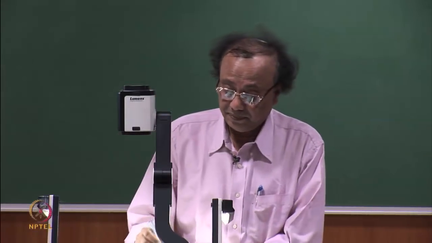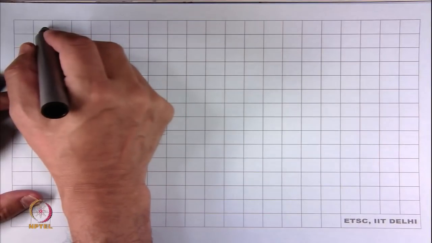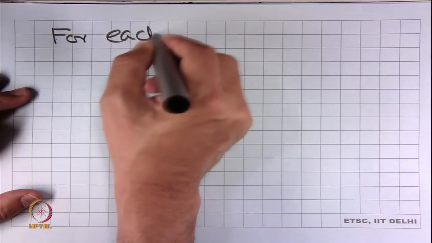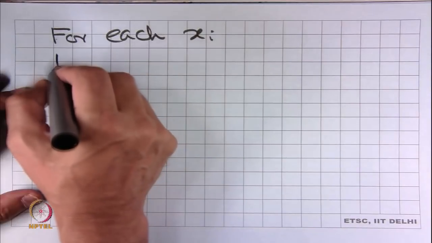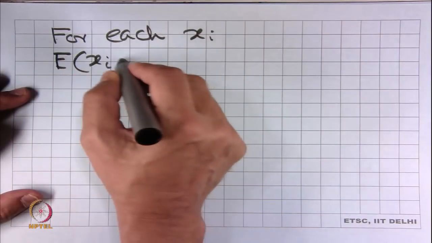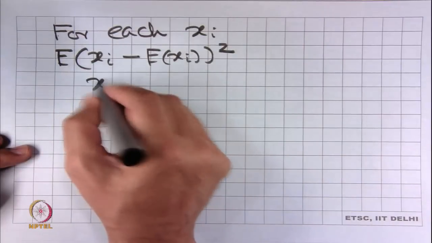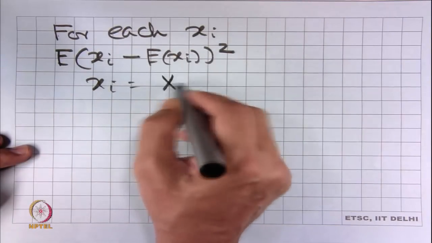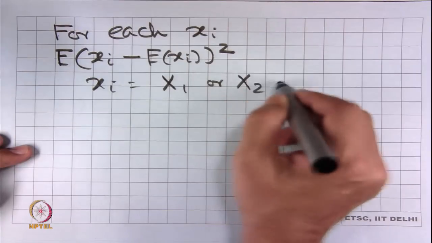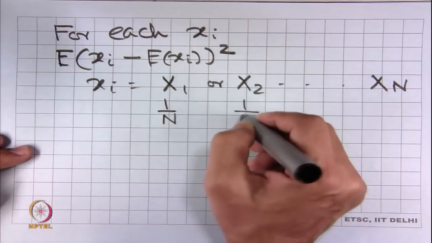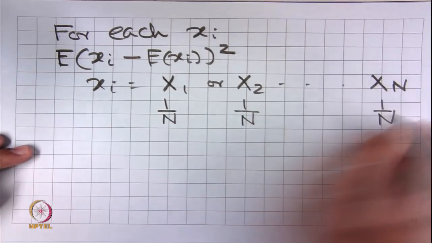So, what is term 1? Expected value of x i minus expected value of x i whole square. x i is equal to x 1 or x 2 or x n, each with probability 1 by n.